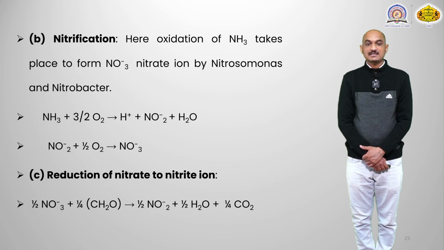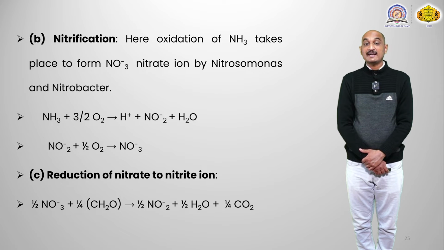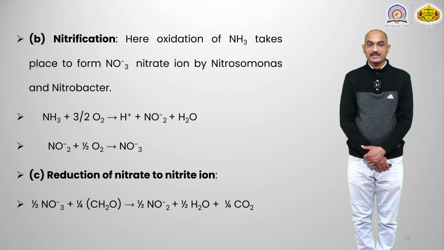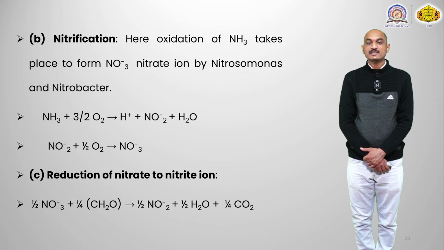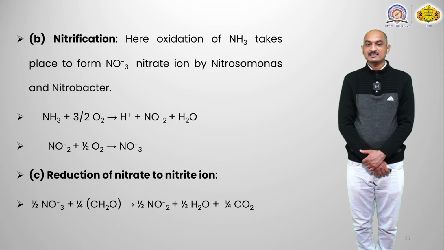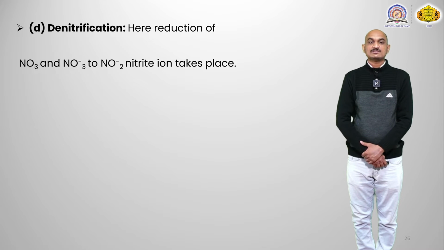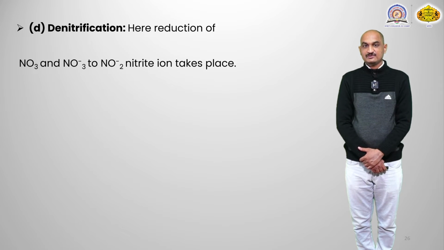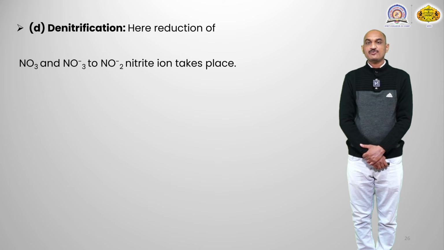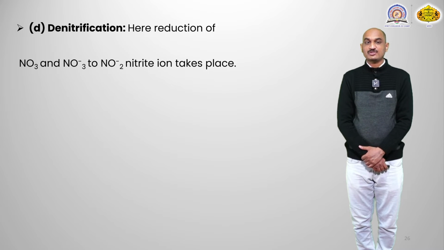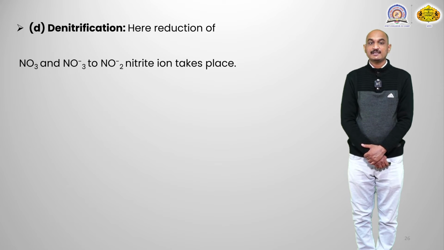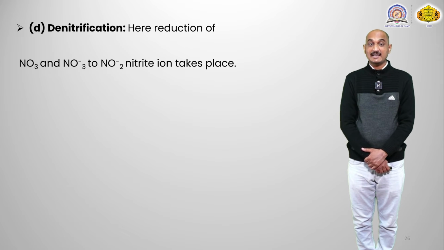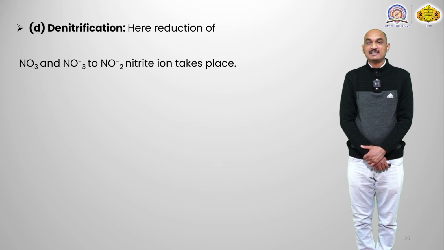Third step is the reduction of nitrate to nitrite ion, that means the reduction of NO3 minus ion into the NO2 minus ion, that is the nitrite ion reduction process. And fourth step is the denitrification. In this step, the reduction of NO3 minus ion, that is the nitrate ion, into nitrite ion takes place.